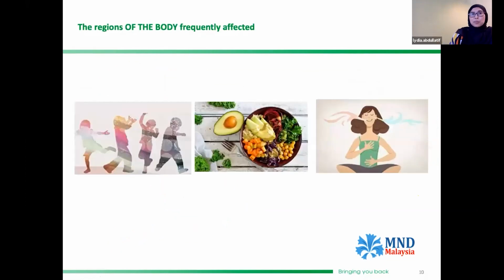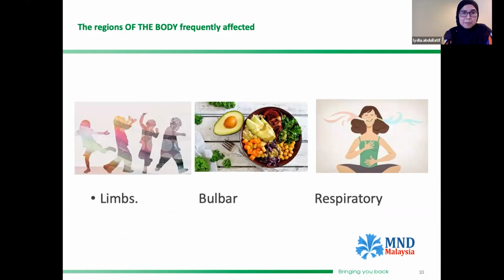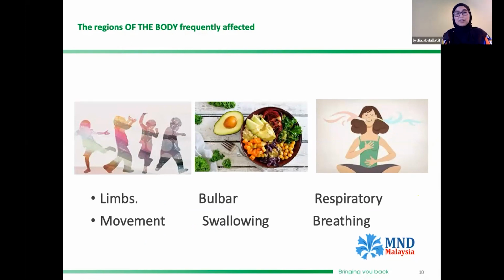The regions of the body most frequently affected are the limbs, the bulbar or the neck area for swallowing, and the respiratory. So if it's the limb, it will affect the movement or pergerakan, swallowing, pemakanan, and also pernafasan, which is the breathing.